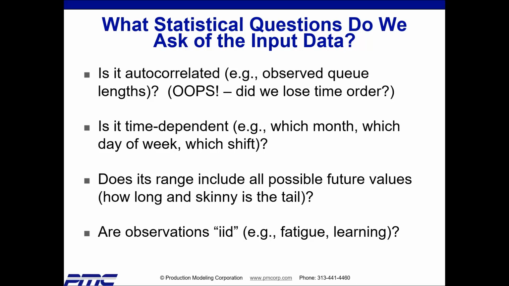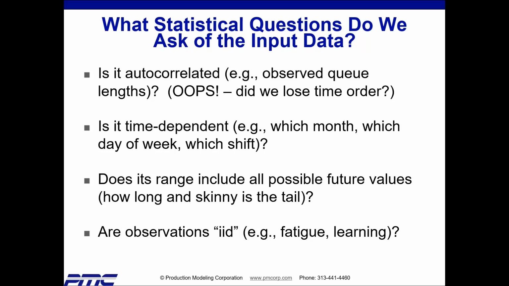And related to the autocorrelation, sort of a loop between the last bullet point and the first one, are observations gradually changing with time? Cycle times getting longer as the worker gets tired. Cycle times getting shorter as the worker learns the task and learns little tricks to do it faster.